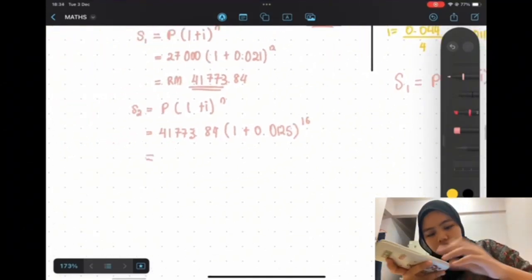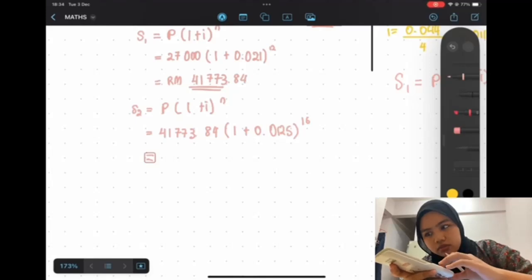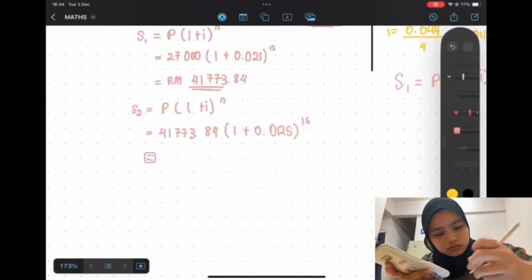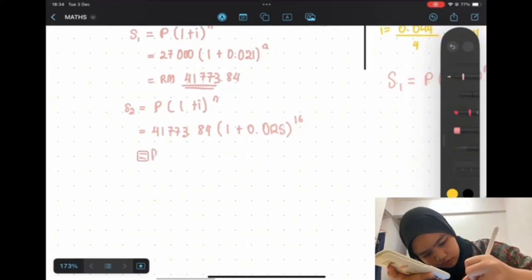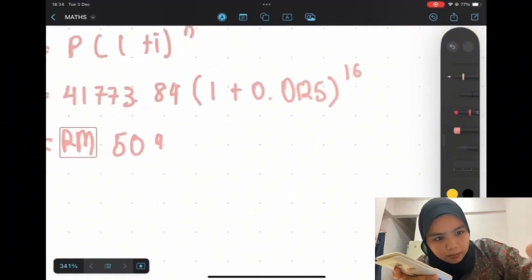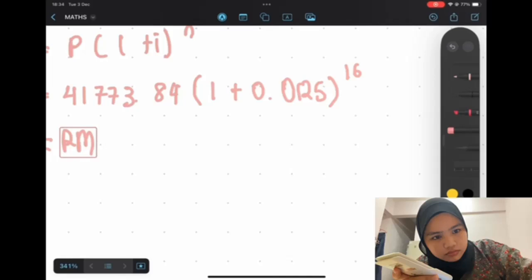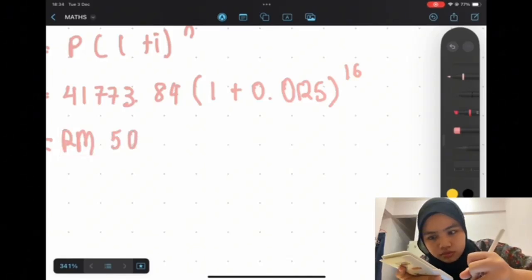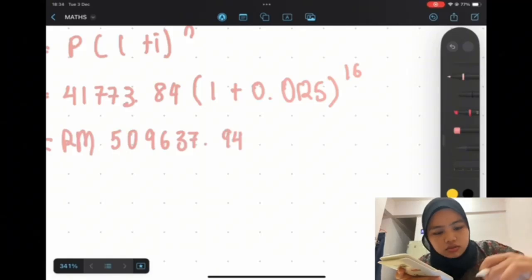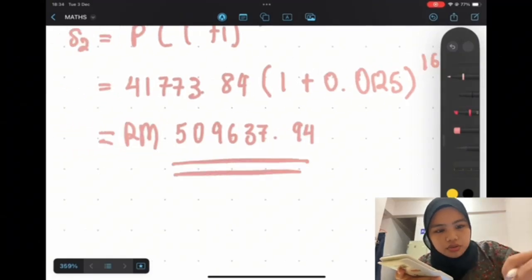Total amount of S2 is 41773.84 times (1 plus 0.0125) to the power of 16. So the total is RM 50963.794. So this is the total amount for option A.